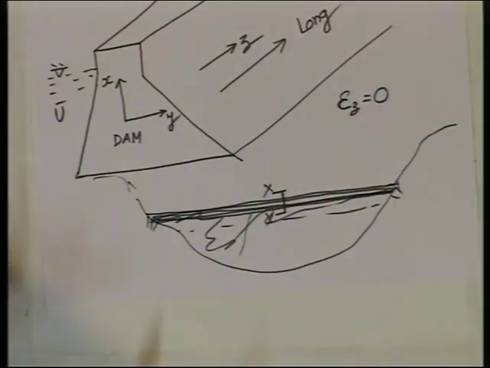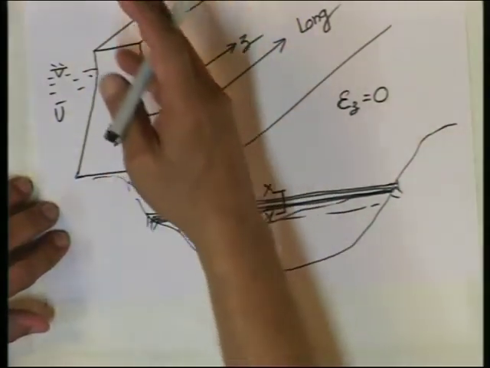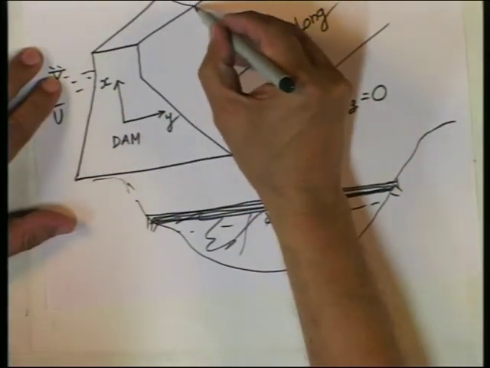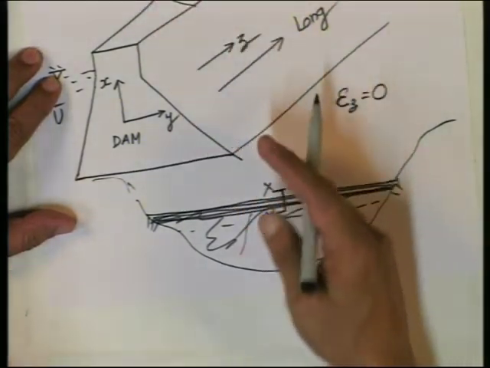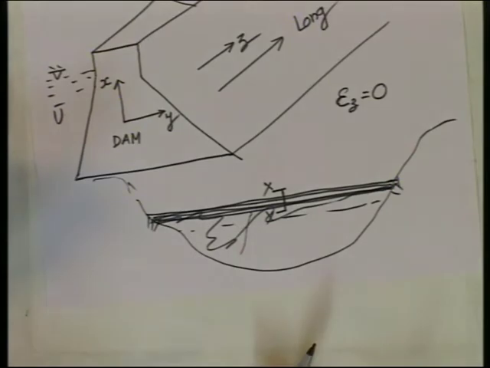No strain in z direction, because all particles are confined, so whichever cross section you take, it will just stay there. It will remain plane.